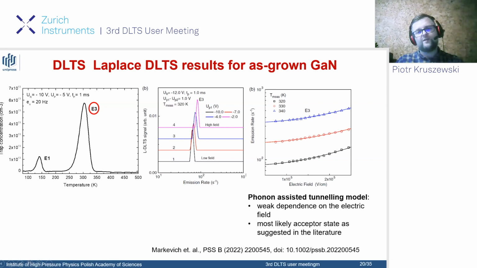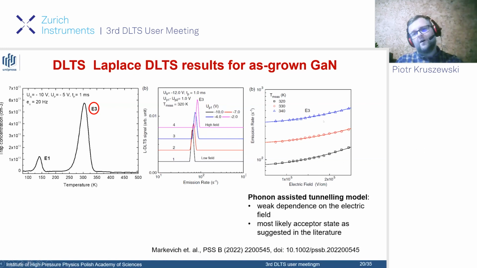There is some shift in the emission rate with the electric field. However, this shift is rather minimal or just very low. And the same, we measured at 3 different temperatures the emission rates and how they change with the electric field, which are shown on this diagram.